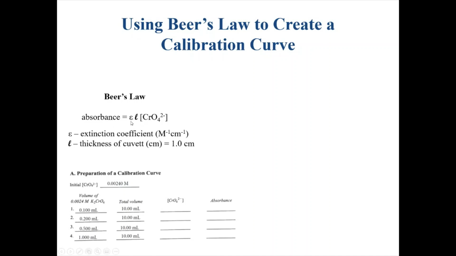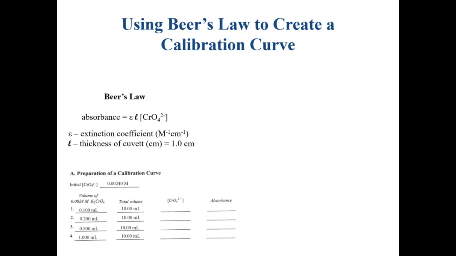And this is a linear relationship, and it depends on 2 variables. The relationship depends on the extinction coefficient, which is a parameter that depends on the analyte. In this case, it would be chromate. So different analytes have different extinction coefficients, and the path length. So the way to think about the path length is the thicker your sample is, the more light it's going to absorb.